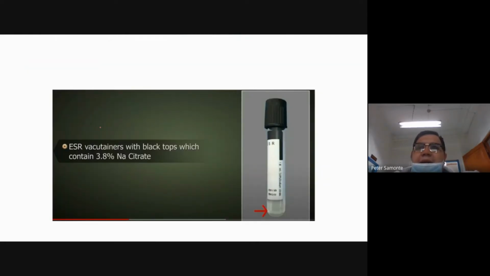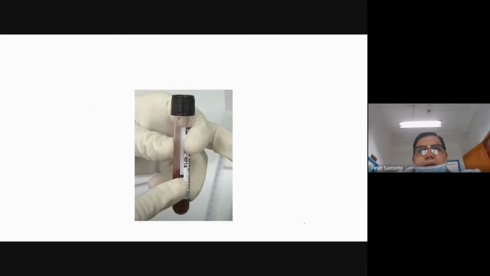Now, you would be required to use your black top, which contains 3.8% sodium citrate. So here in the arrow, you can see here, this is the amount of your sodium citrate. So you're going to fill it with the required amount of blood.